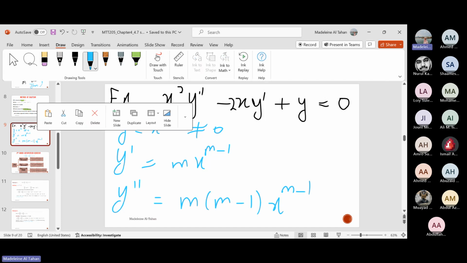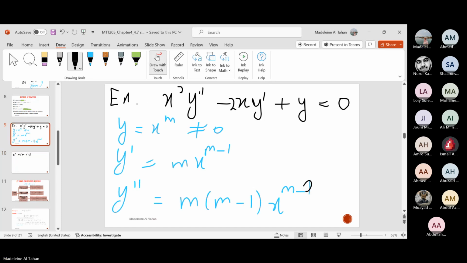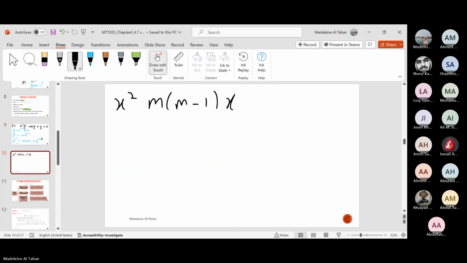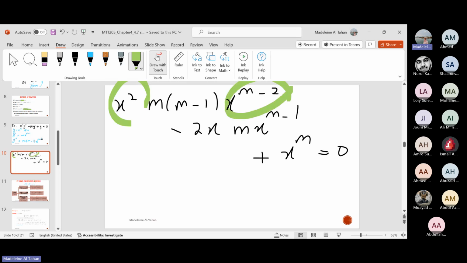What will we get when we substitute? x squared y double prime is m into m minus 1 x^m minus 2x y prime, so m x^(m-1), plus x power m equal to 0. Now, if you look at x squared and x^(m-2), what does it give you?